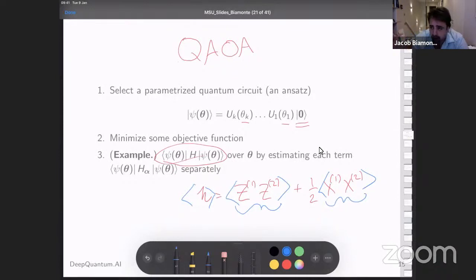Oftentimes with quantum computer science, some of these tricks are really quite elementary, but get a lot of traction. It might not be how you think of it at first, but it works. And here's the thing: you can calculate all of these separately, which avoids having to emulate these non-commuting terms as a big gate sequence, with lots of overhead.